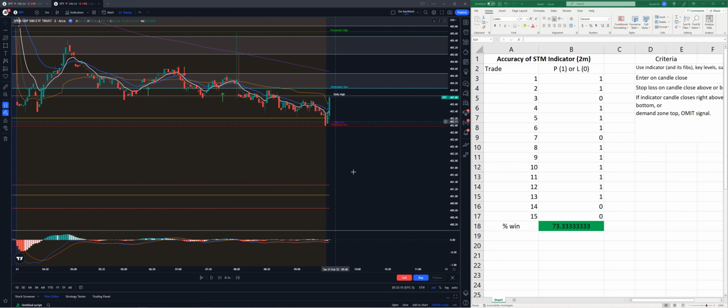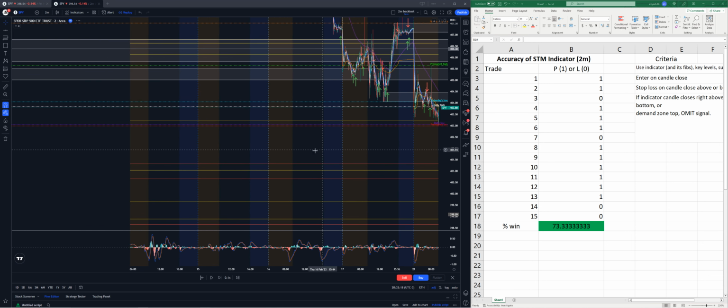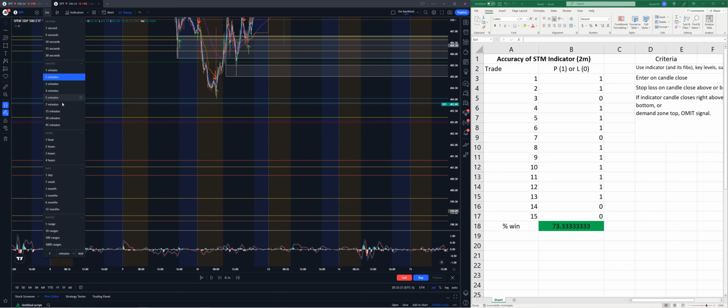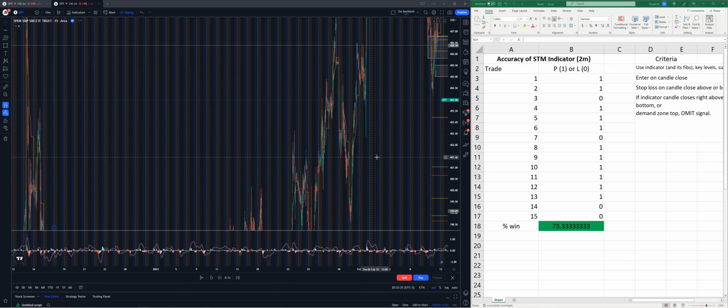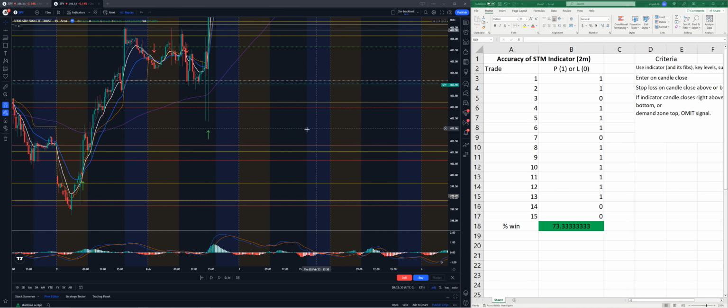Okay, see, when I see something like this, where I see there's absolutely nothing here, I'm going to go back and I'm going to try to find something I can draw. Because let's go back to the 15-minute time frame. Because I did not realize we were missing zones down here. So let's grab some zones.